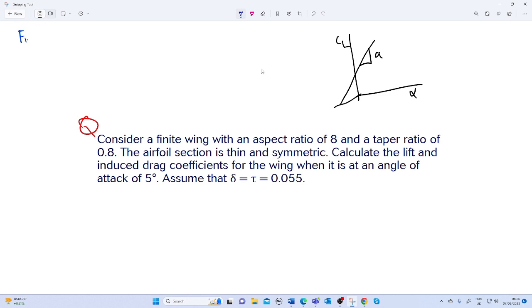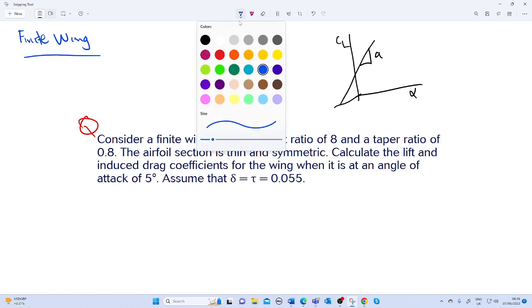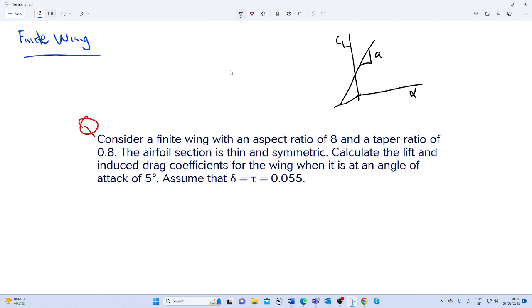Today we have a finite wing. We have the aspect ratio to be 8. We have the angle of attack to be 5 degrees. We have the taper ratio to be 0.8.